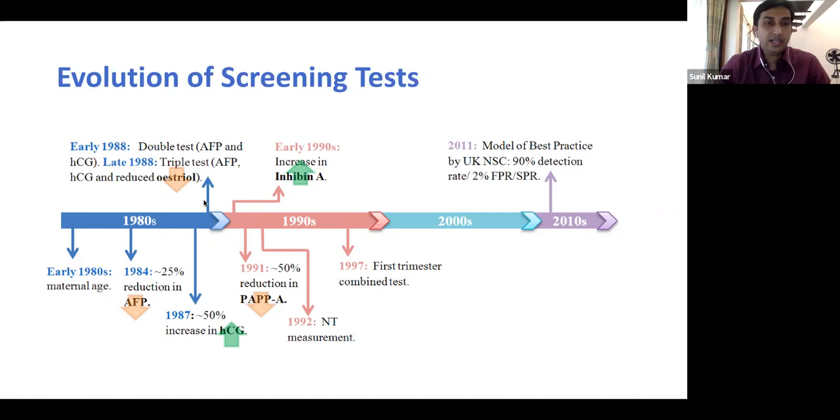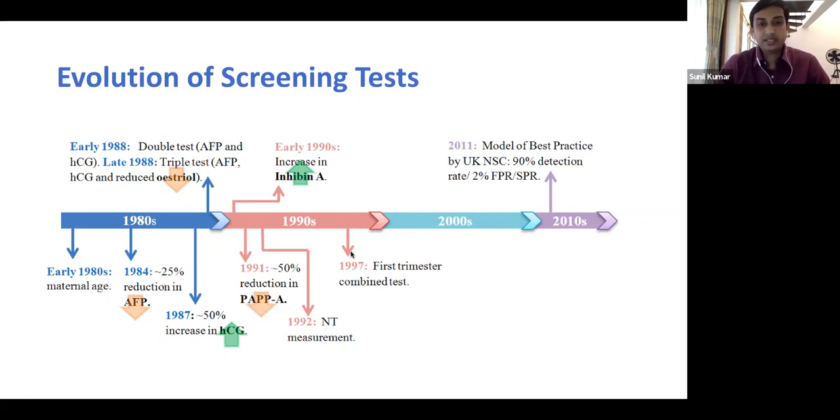In 1988, the double test, that is AFP and HCG, was evaluated. In late 1988, the triple test, they added one more protein, estriol. Reduced estriol was found in chromosomal abnormality. In early 1990, one more component was evaluated, called inhibin. In 1991, they added pregnancy associated plasma protein A. In 1992, ultrasound came into the picture, that is NT measurement.